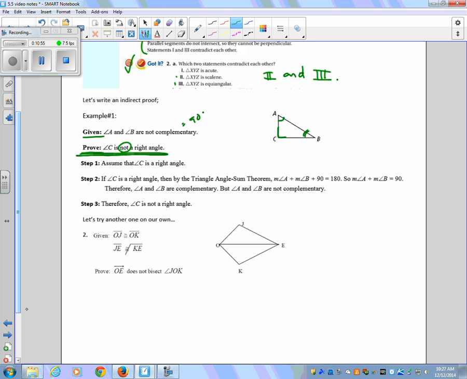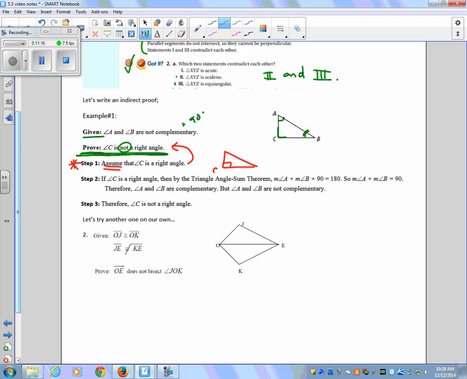So step 1 of the indirect proof, and you're going to write this just like a paragraph: assume that angle C is a right angle. So you're assuming the opposite, or the negation, of the proof. First, let's assume this is a right angle.